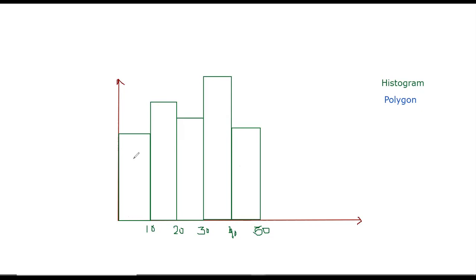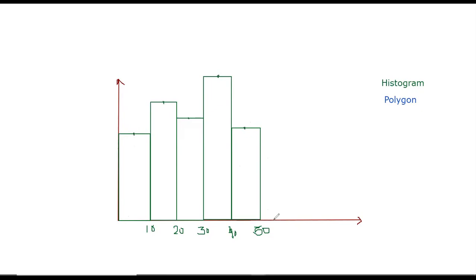For example, for 0 to 10, the midpoint is going to be 5. The midpoint of 10 to 20 is going to be 15. Then for 20 to 30 the midpoint is going to be 25, then 35, then 45 over here.